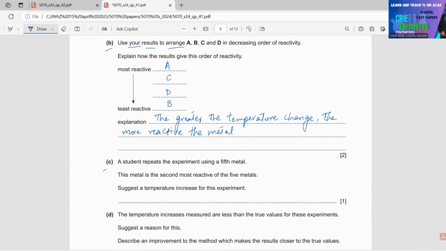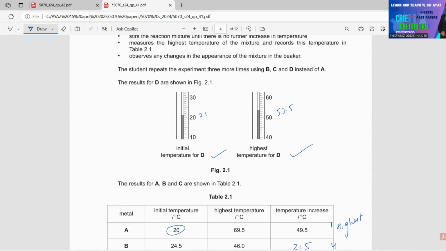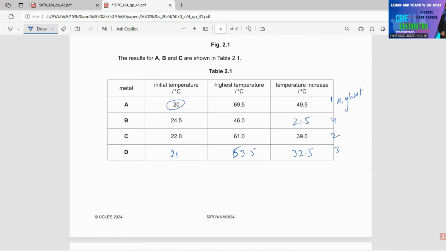Now they are saying it must be second most reactive, which means it must be less reactive than A and more reactive than C. So we'll look at the values for A and C. For A and C, we have 39 and 49.5.